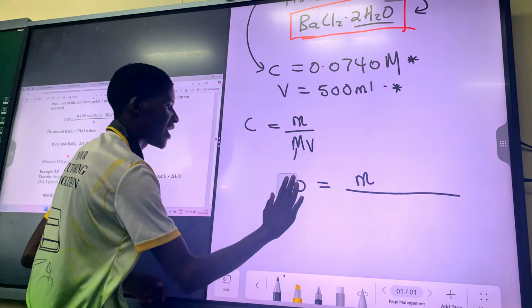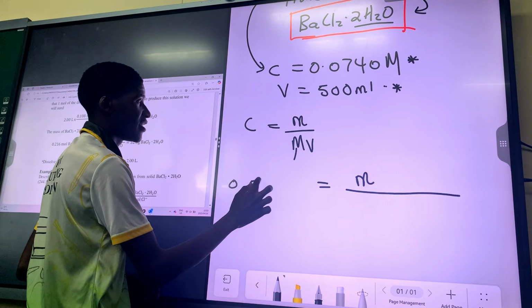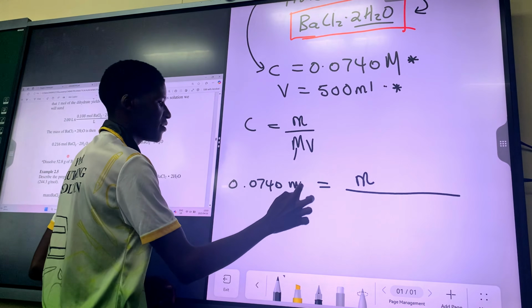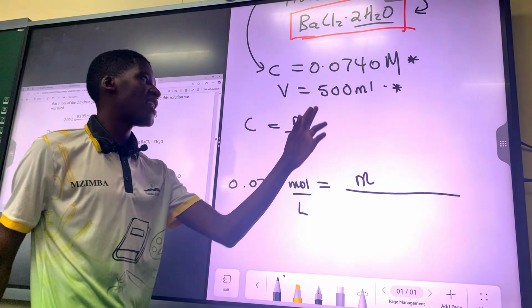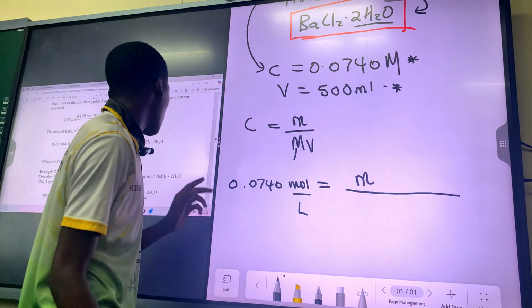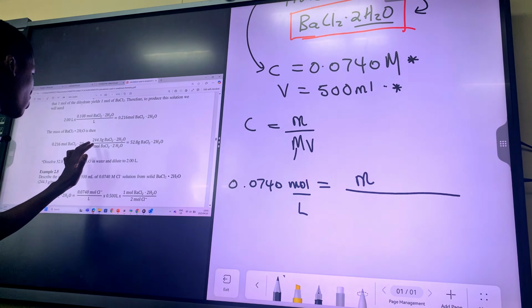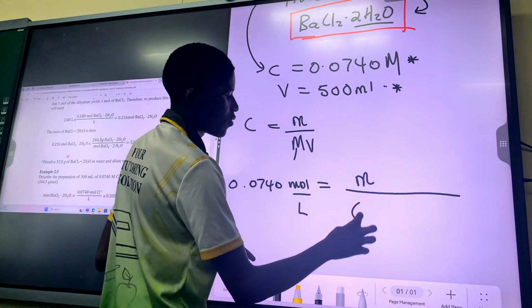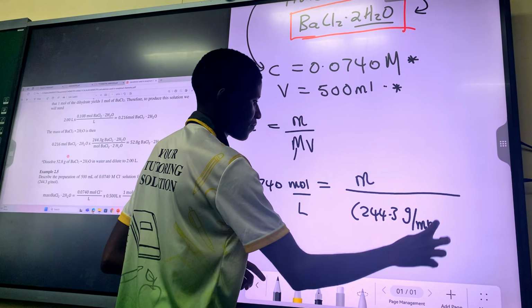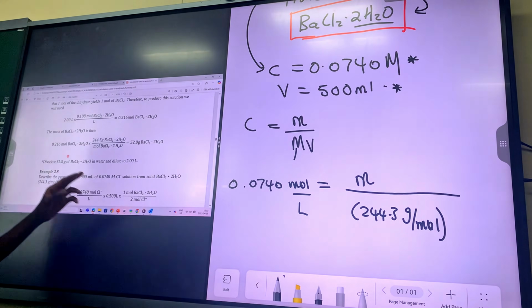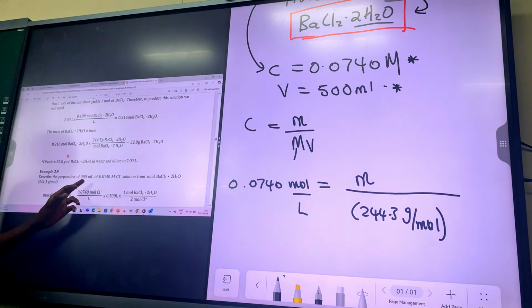Write the units: 0.0740 moles per liter. Don't say molar, write mole per liter. And then for molar mass, we've already said the molar mass here is 244.3 grams per mole. Multiplied by the volume that you want to prepare, which is 500 milliliters.